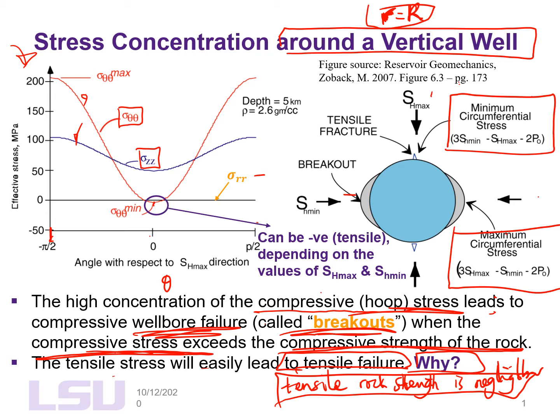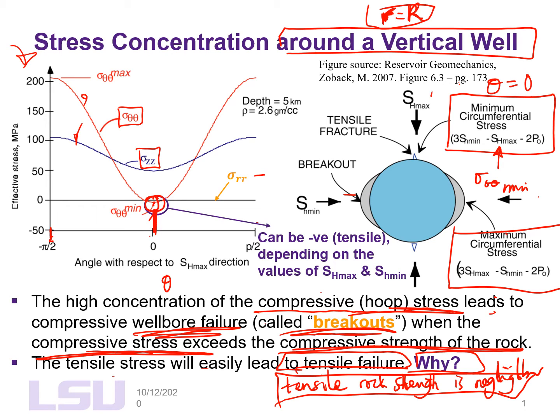So here, theta is 0. Plug in theta as 0, and the equation simplifies to this for the effective hoop stress. And that's the minimum value. This is where theta is 0.